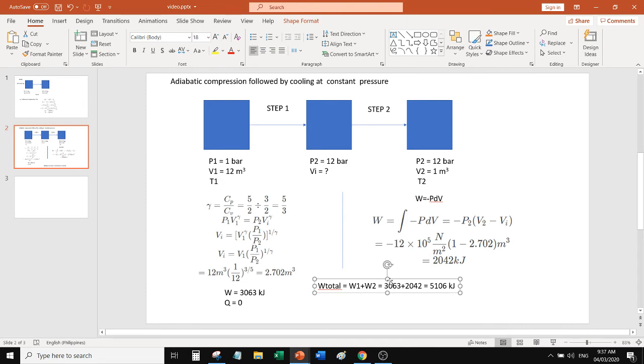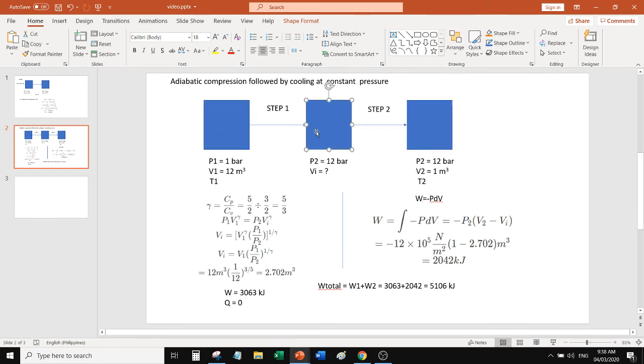The question is, what would be the total Q for step 1 and step 2, from state 1 to state 2. Since we know that from state 1 to state 2, T is constant, delta U is 0 from state 1 to state 2.